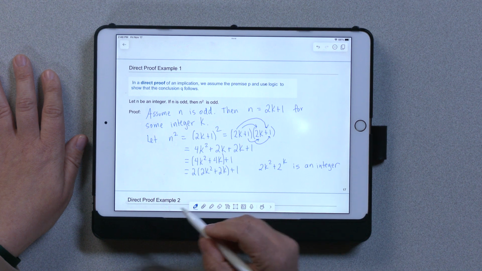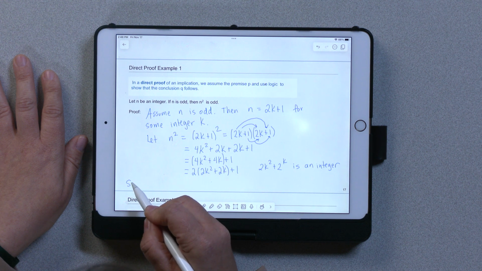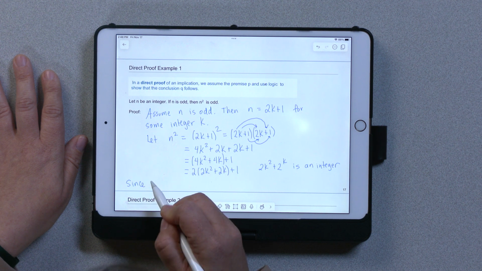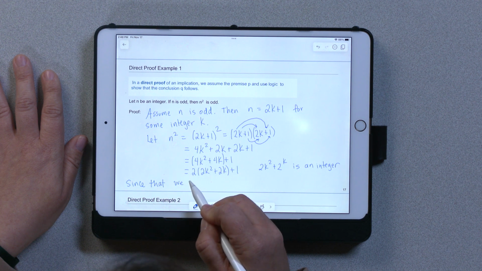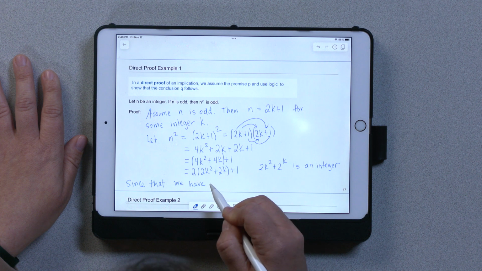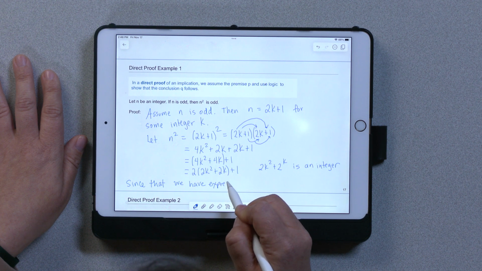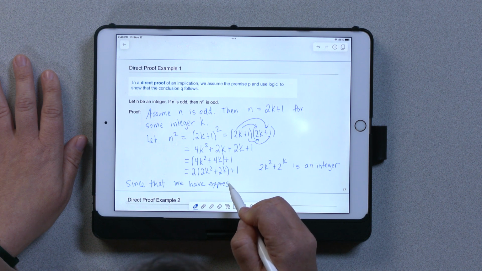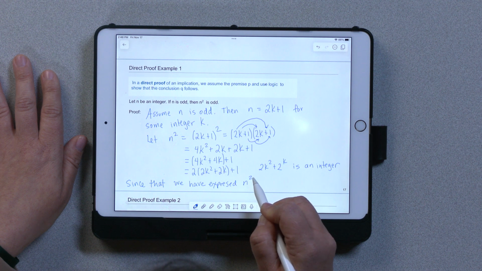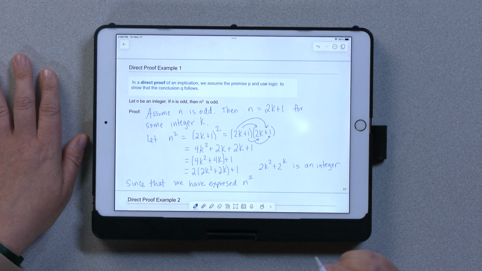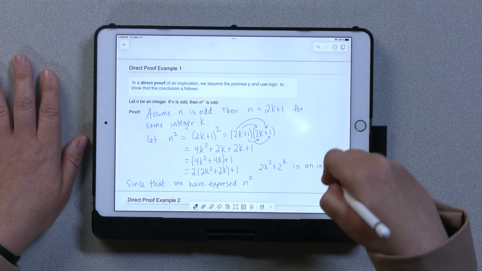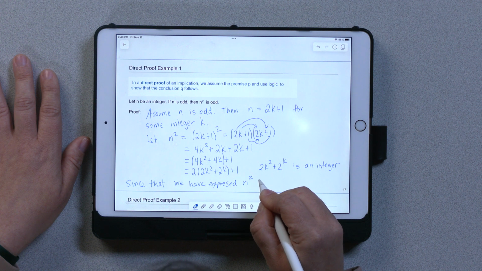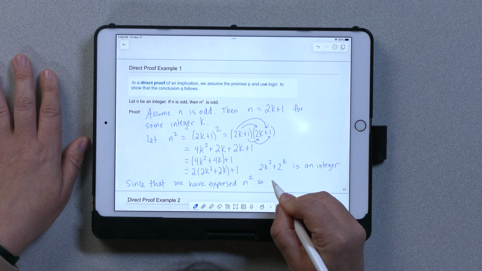And since that, we have expressed n squared as 2 times an integer plus 1, we have shown it's odd.